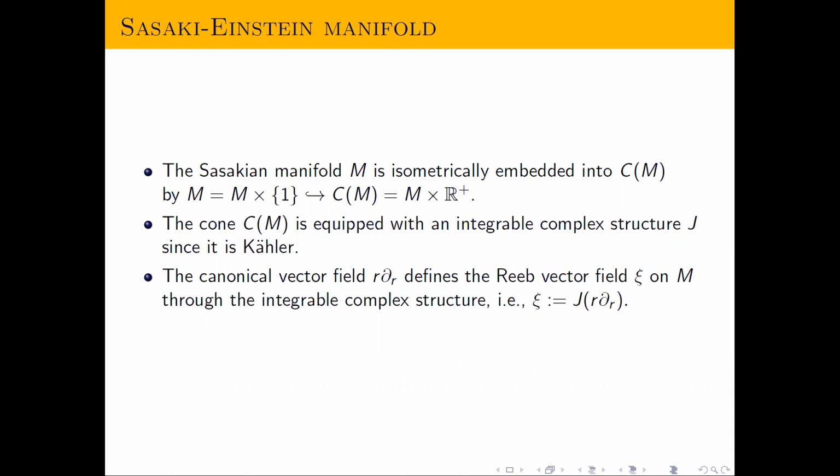So it has the canonical vector field from the real line side, and this defines a Reeb vector field: by applying the integrable complex structure to this canonical vector field, you just rotate, and then it's a tangent vector field on M, which is called the Reeb vector field.